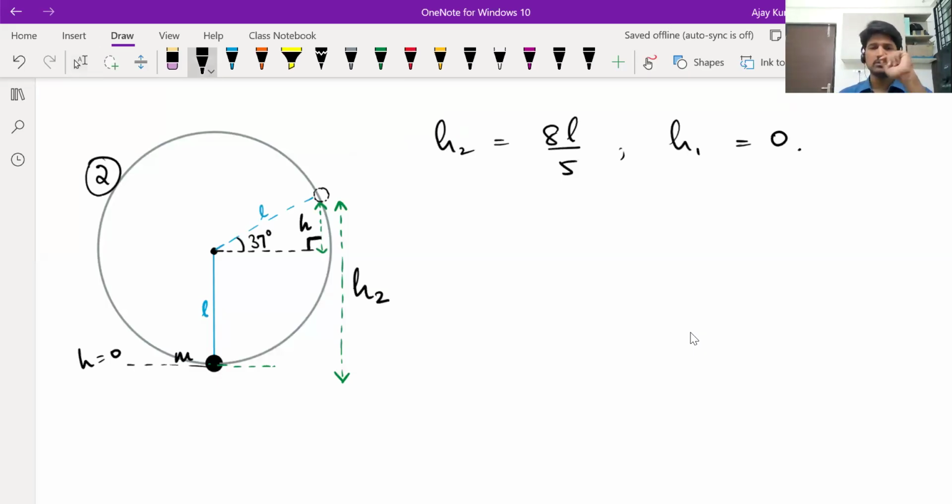We want to find out the speed. To apply mechanical energy conservation, we don't know the final velocity at that height. Can any of you come up with some ideas?